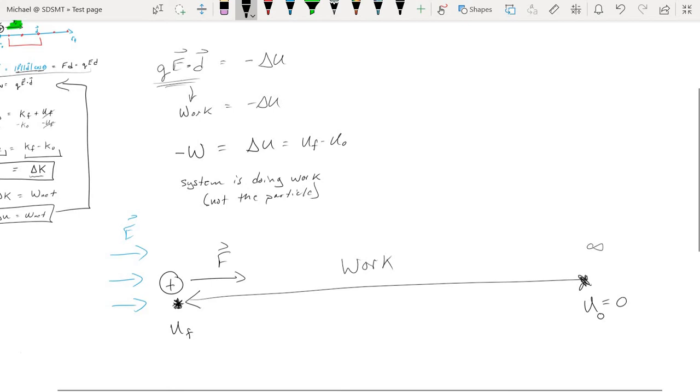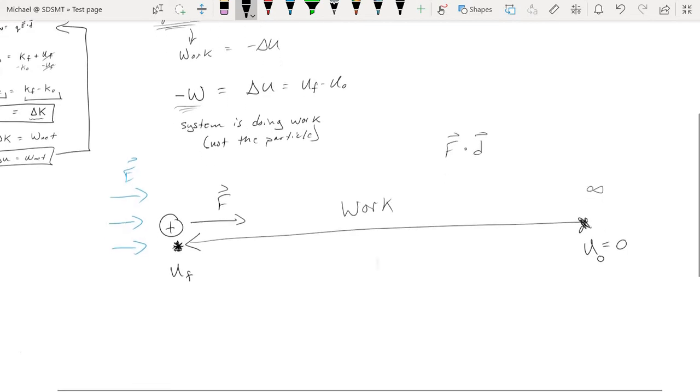And you'll see now that that amount of work is in fact negative, because our force and our displacement vectors are pointing in opposing directions now.